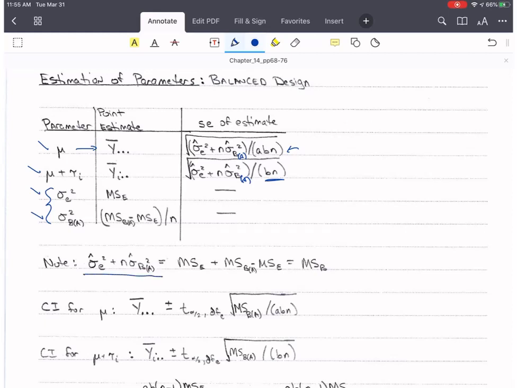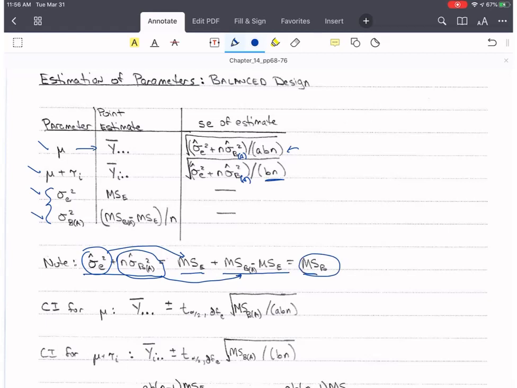Notice that when I look at sigma hat e squared plus n sigma hat b nested within A squared, that's the expected MSB for this. And if you remember, we said that this is estimated by MSB nested within A minus MSE. So all of this reduces to just MSB.